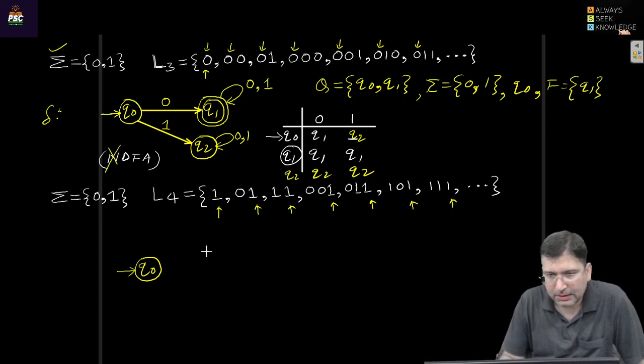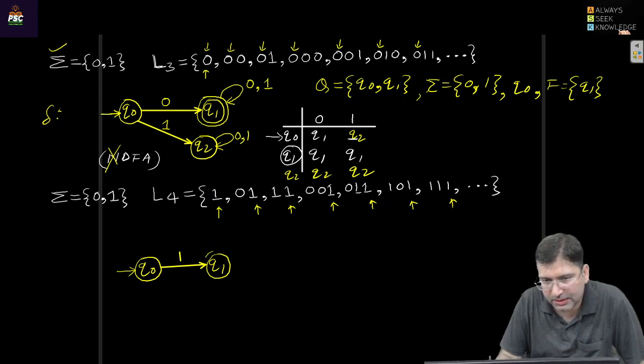After this, the final state you can reach by 1. So if I take one transition from this state, when 1 is coming, here I am writing 1, then you are reaching a new state, that is q1, and q1 can be final also because this string set is having 1.